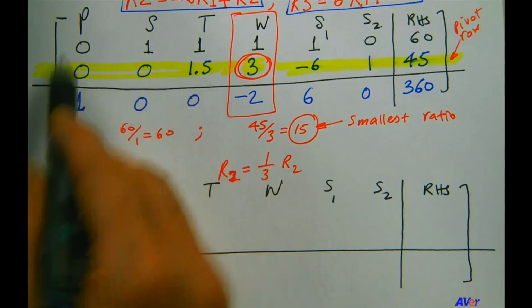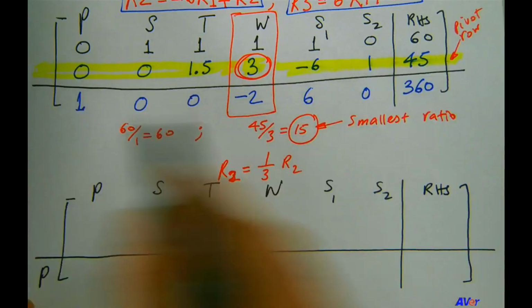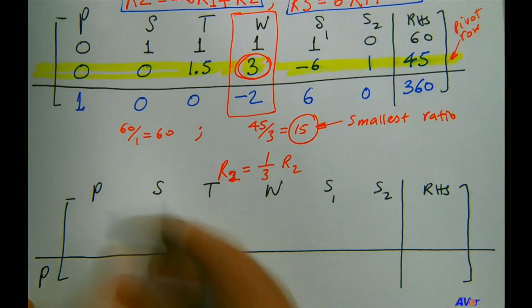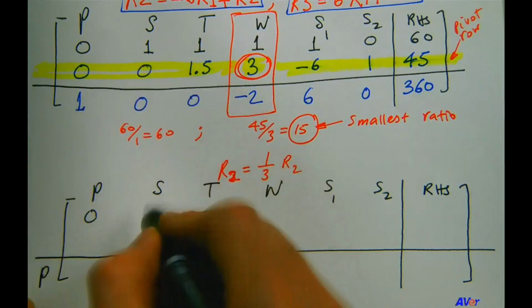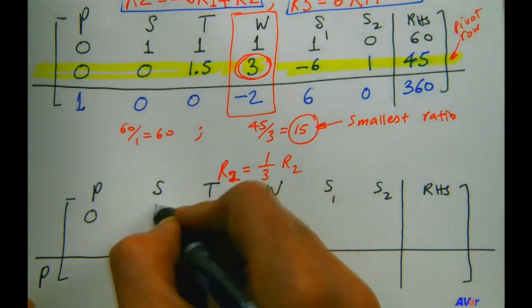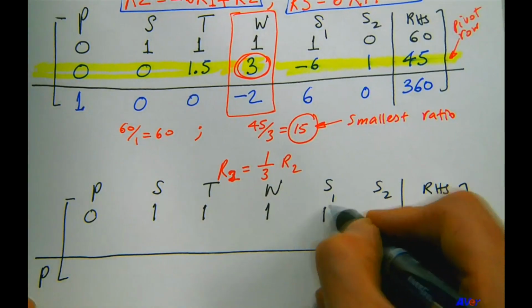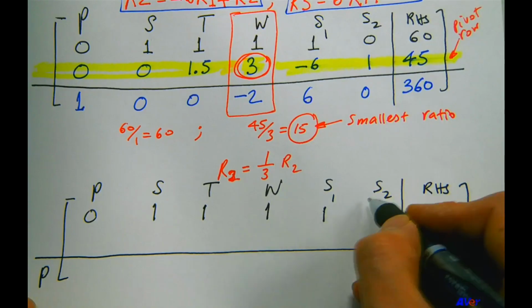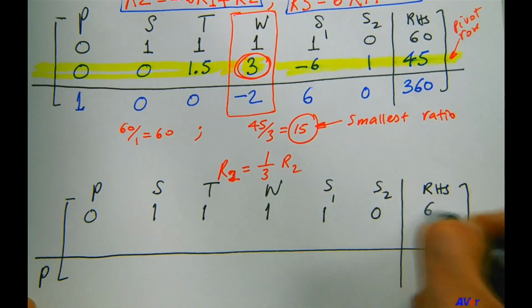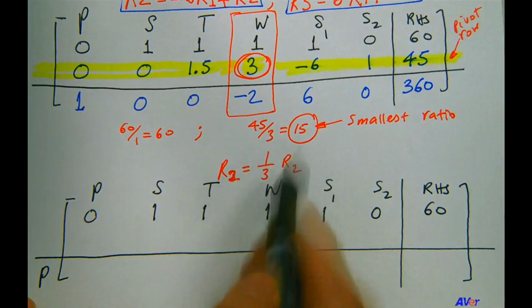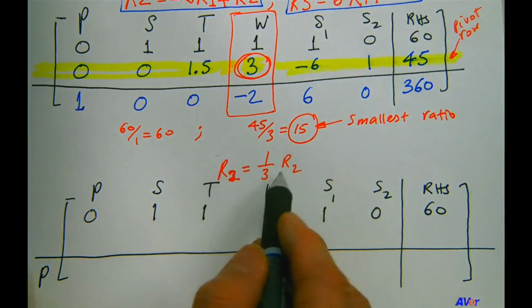Okay, so row 1 and row 3 don't change, right? So I'm going to write them down as they are. 0, 1, 1, and 1 again, and 1, and 0, and 60.